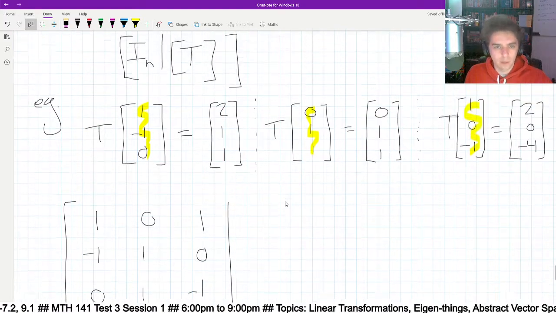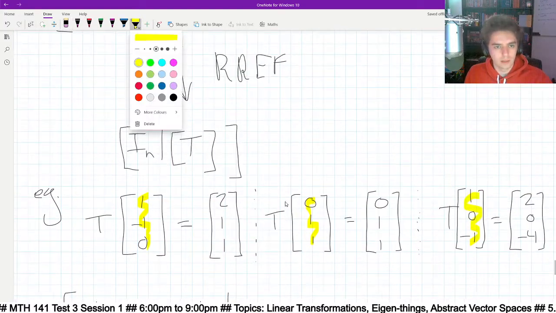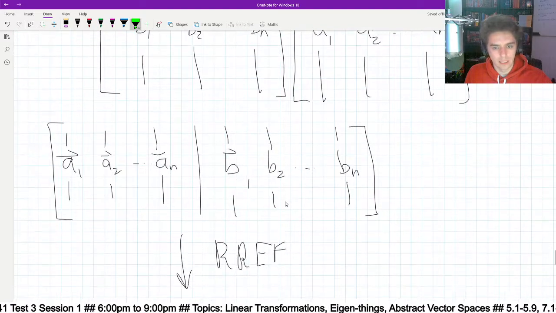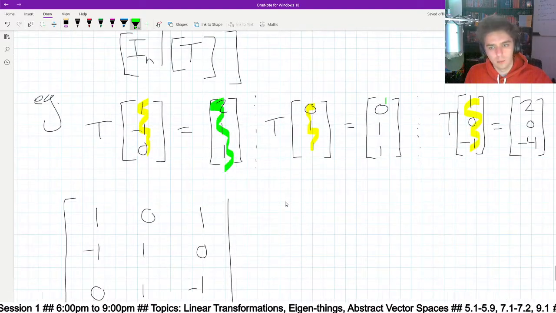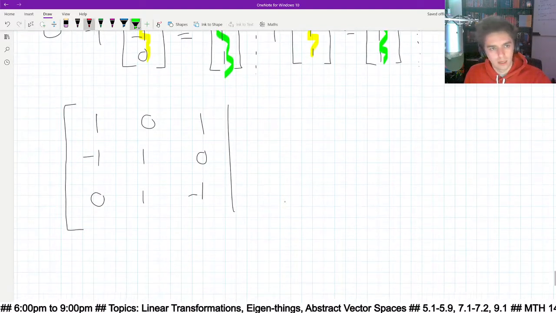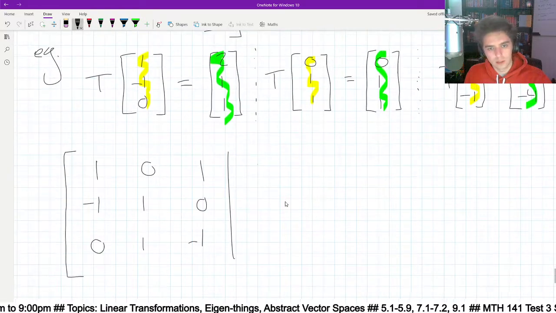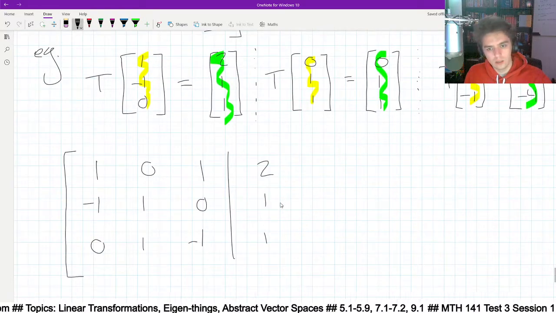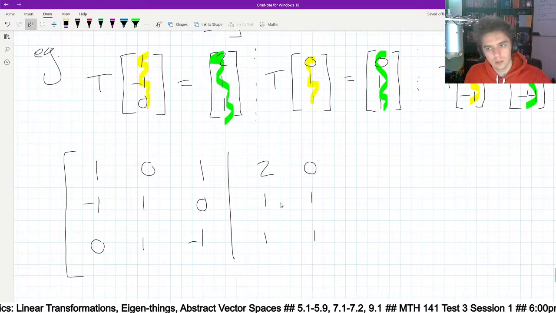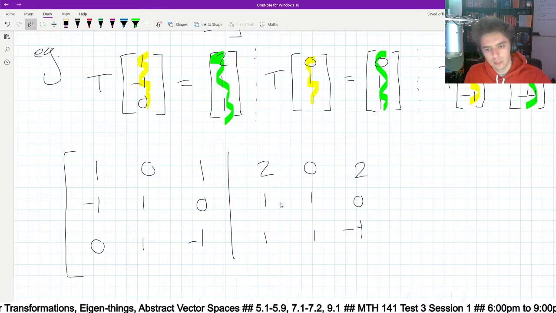And augment that with the output vectors, like I said over here with the B's. The output vectors are 2, 1, 1, 0, 1, 1, 2, 0, -4.